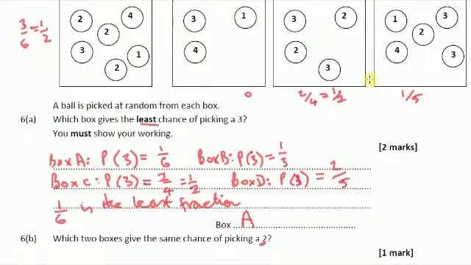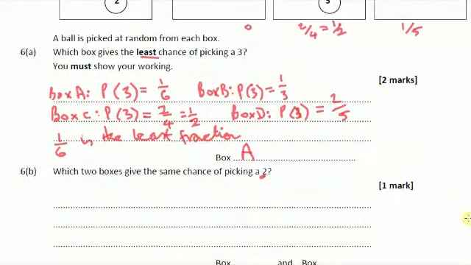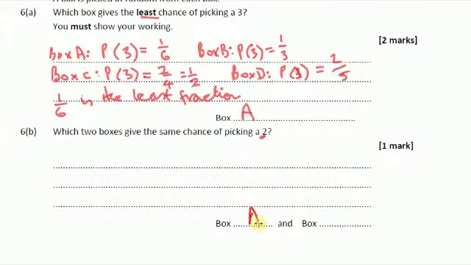And we see that box A and box C have the same probability of getting a 2. So that means that A and C both have a probability of a half. I'll try and write it in here.